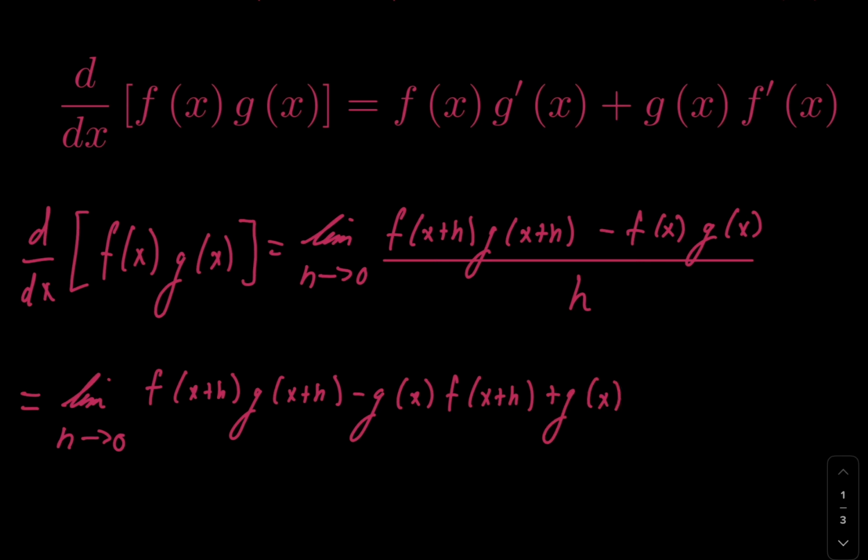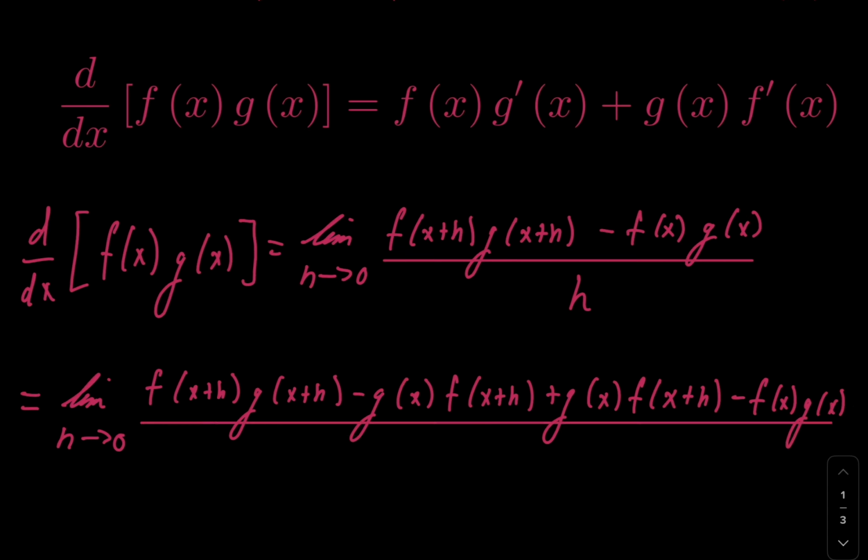So we're effectively negating what we just subtracted. We initially added a negative. And then let's write down f of x times g of x, and then all divided by h.